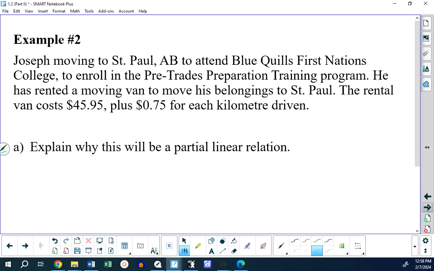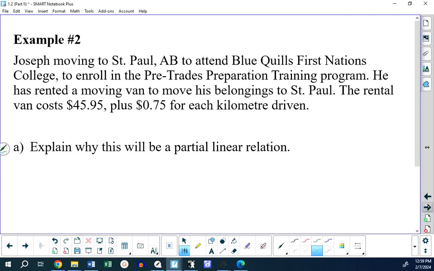Does he pay the $45.95 if he rents the van and drives it across town? Yes. Does he pay the $45.95 if he rents the van and drives it to St. Paul? Yes. That's the flat amount. And what I'm trying to get at in this entire lesson is the following. The flat amount is going to be your y-intercept.